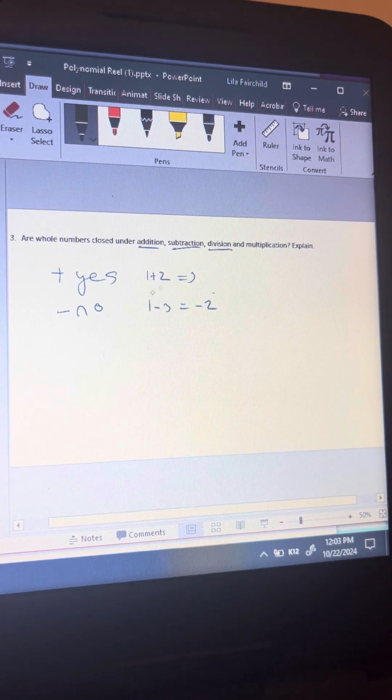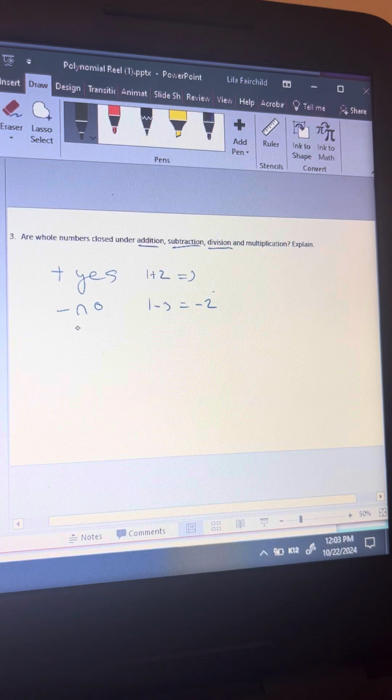Any fraction is a rational, and rationals are not gonna be whole numbers.